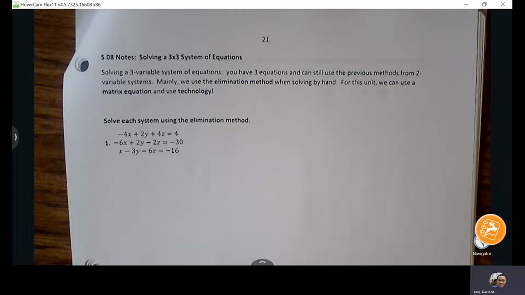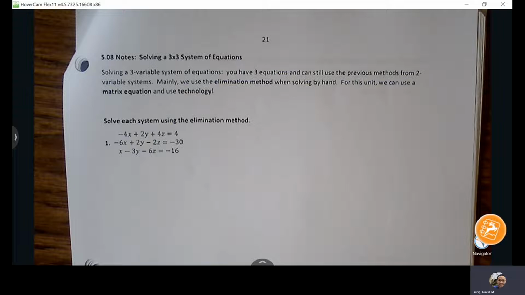We lined up the x's and y's. We multiplied through so that we can get either the x's or y's to match and the opposite sign, so that when we added the columns, only one variable remained, and then we solved for that variable and then plugged in to find the other variable.